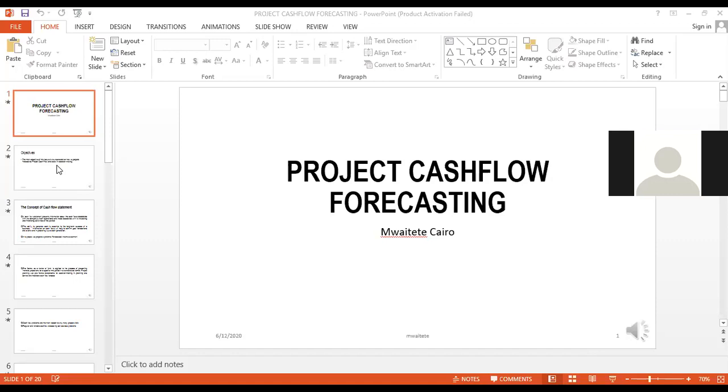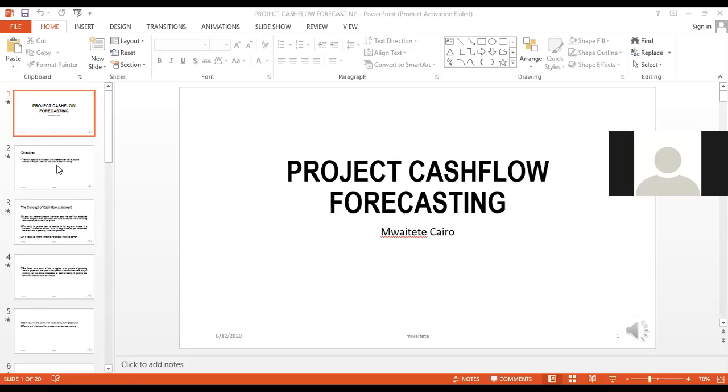We need to predict the inflow and the outflow of our income. This is the future in the project. Again I repeat, no project write-up is likely to pass without forecasting the future cash flow.